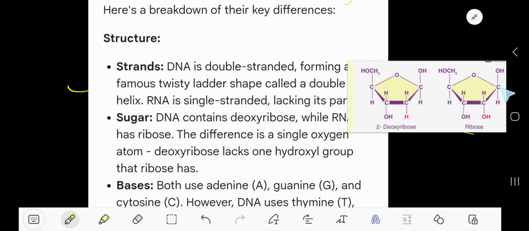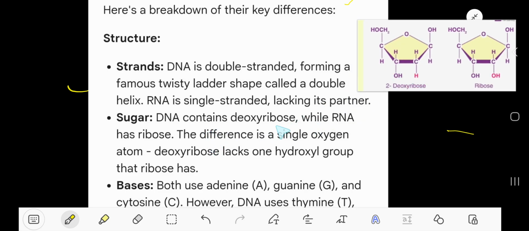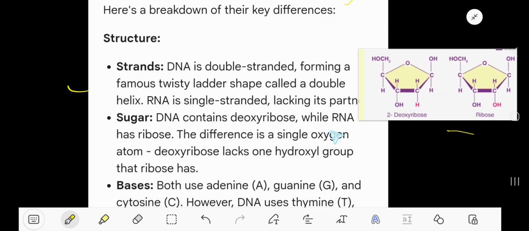Look, this carbon is considered 1 and this carbon is considered 2. That's the red color. In ribose, we are getting a hydroxyl group, but in deoxyribose, we are getting just a hydrogen atom, right? So DNA contains deoxyribose, that is this thing, and RNA has ribose, that is this thing.